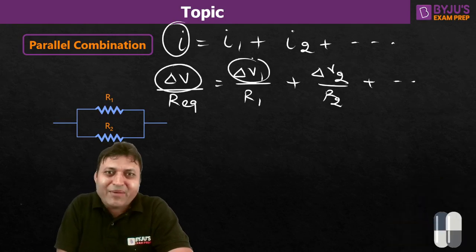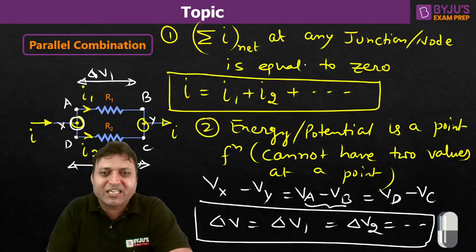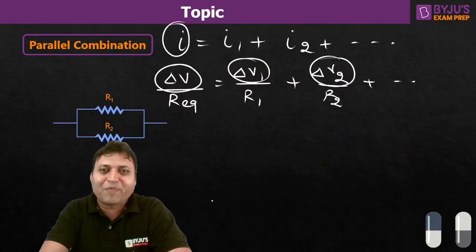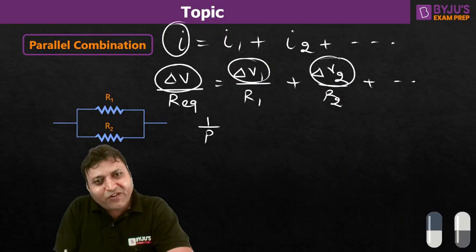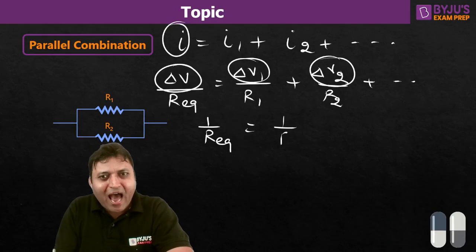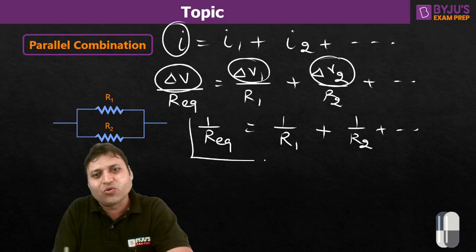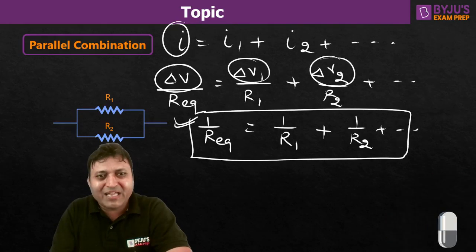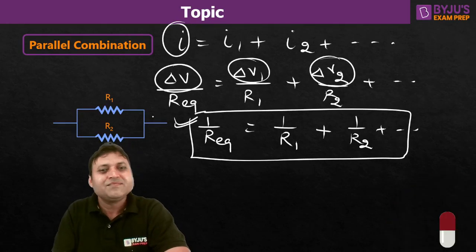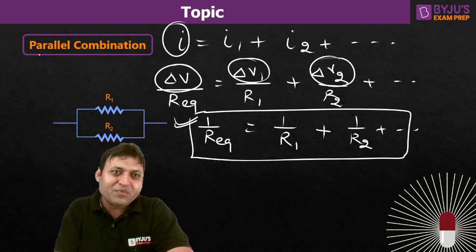Because delta V is the same as delta V1 is equal to delta V2. That is what we have already discussed for parallel combination, which will give 1 upon R equivalent will be 1 upon R1 plus 1 upon R2 and so on.